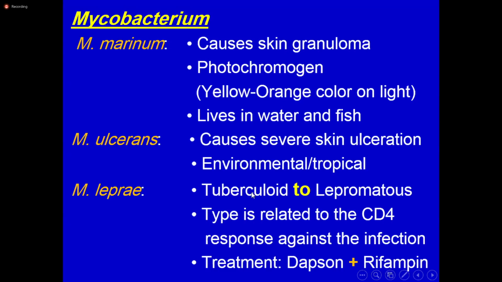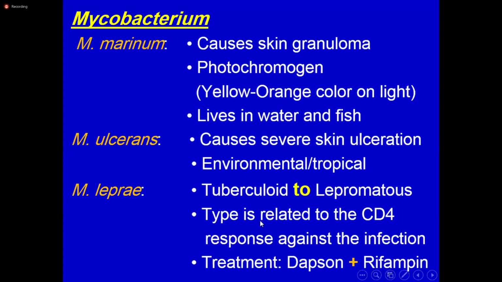Tuberculoid, it means localized, like the granuloma of tuberculosis. To lepromatous, very widely spread. So it means either it is local in the form of a granuloma or spread over the skin, many areas.